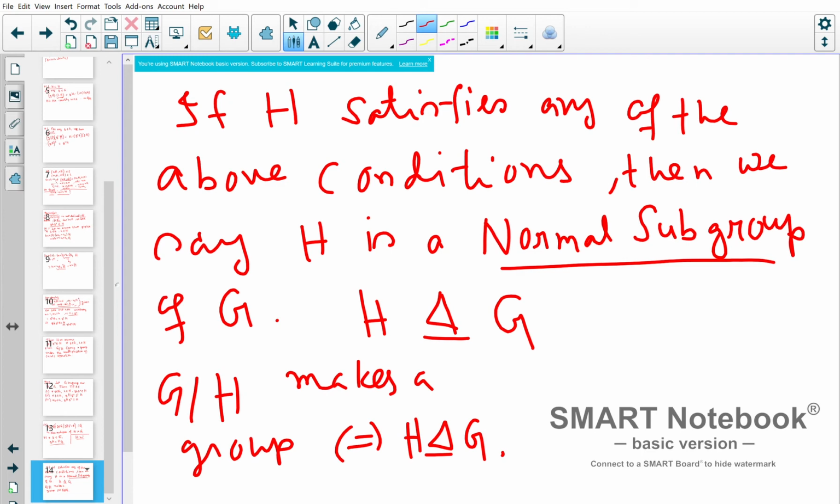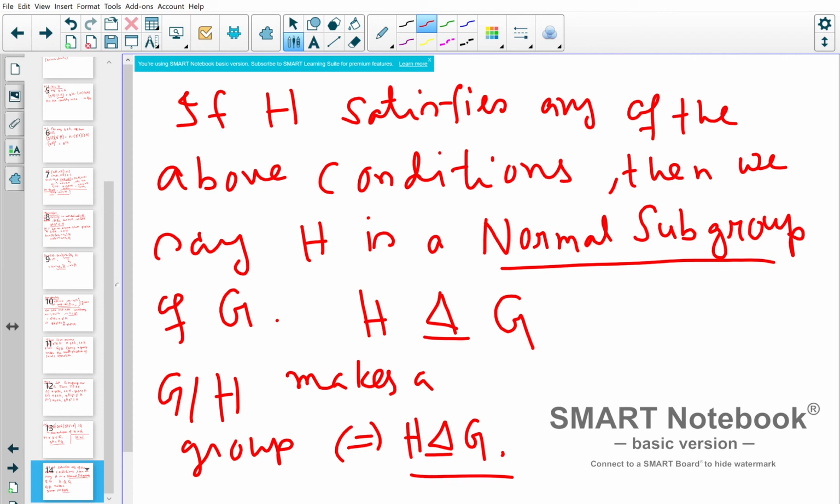I am doing it with the left cosets, and you can do the same with the right cosets. So these elements are all the cosets of H in G, but they need not form a group with respect to the quotient multiplication of cosets. But if H is a normal subgroup of G, then it makes a group.